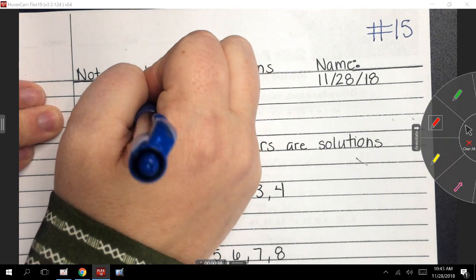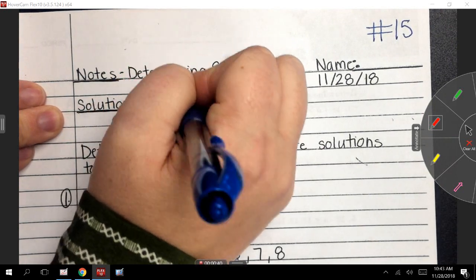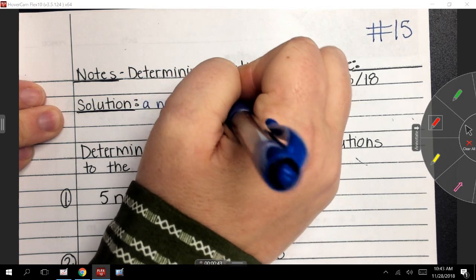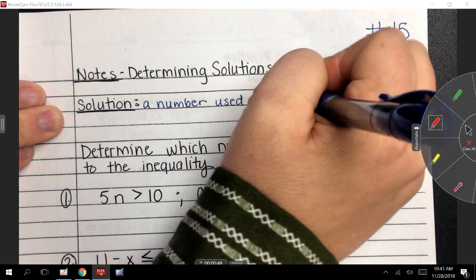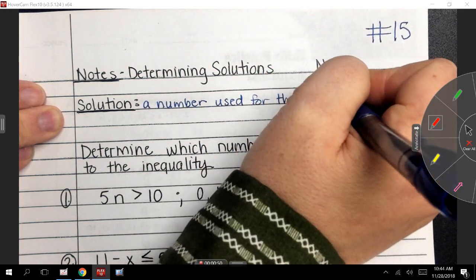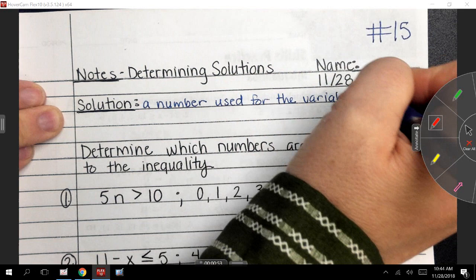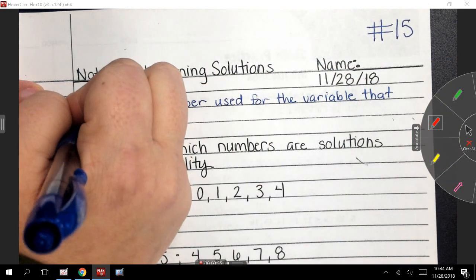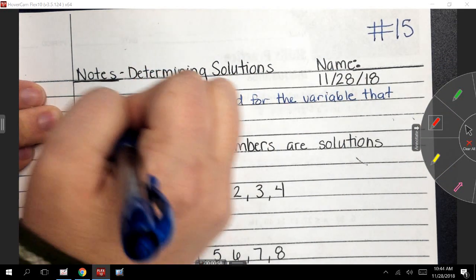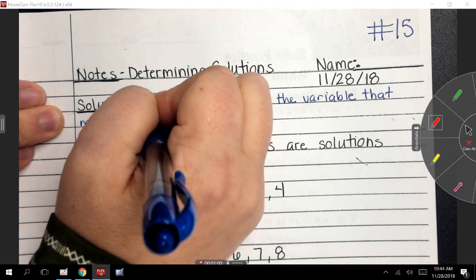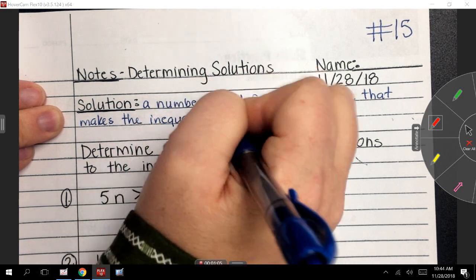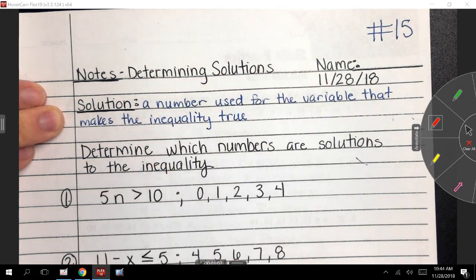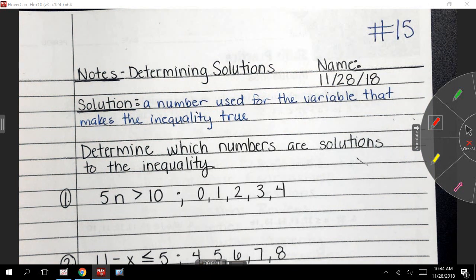Okay, so a solution is a number used for the variable that makes the inequality true.